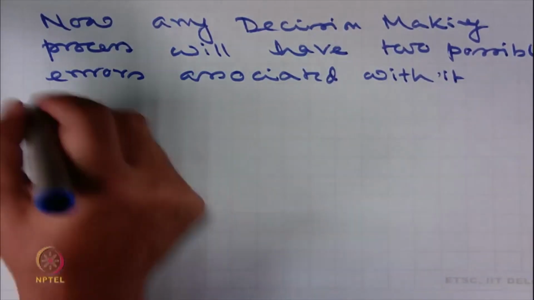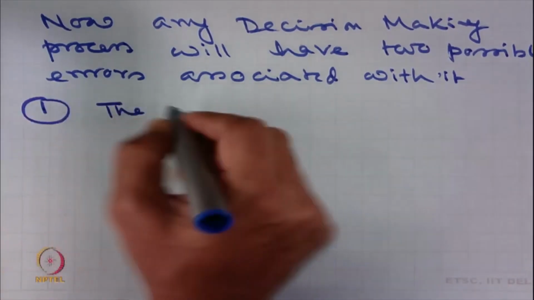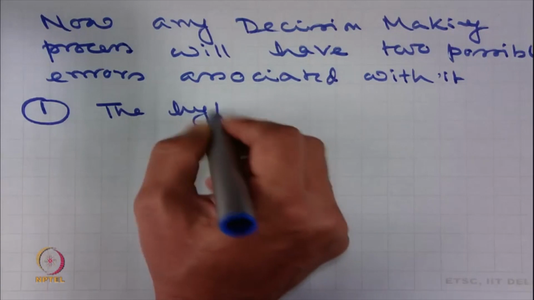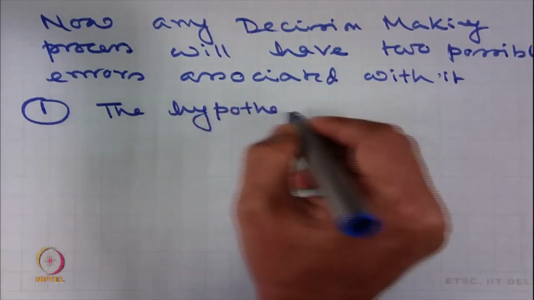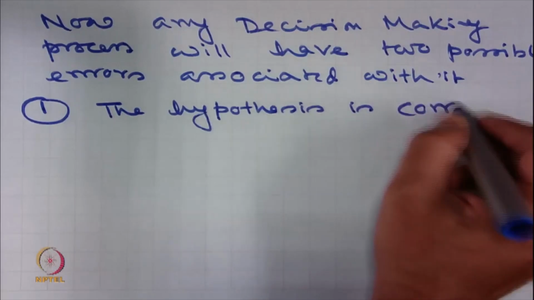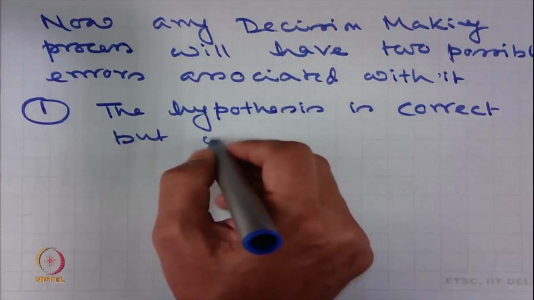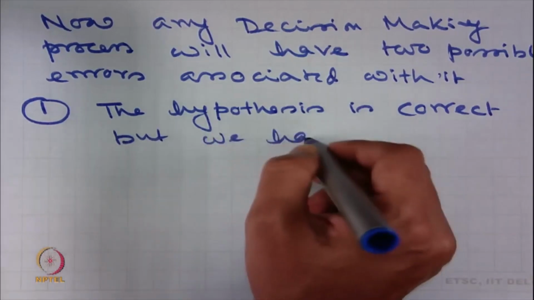What are these? The hypothesis is correct, but we have rejected it.